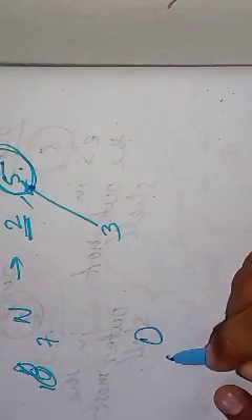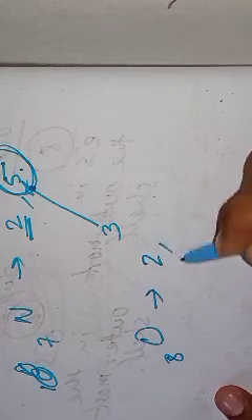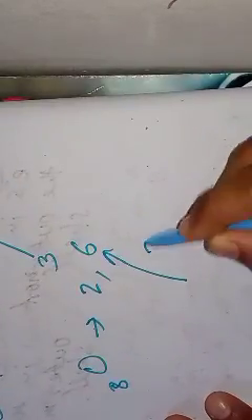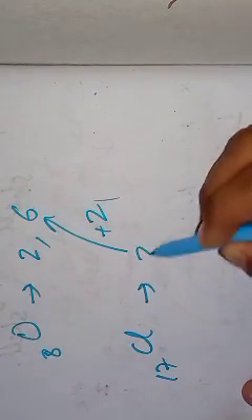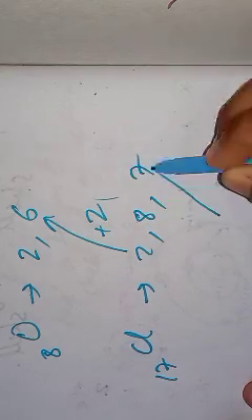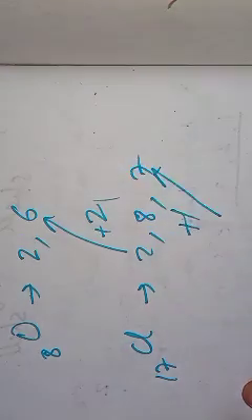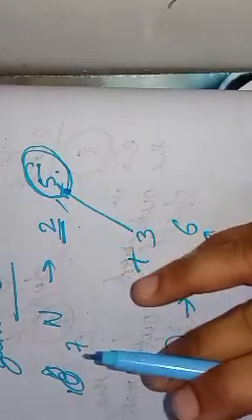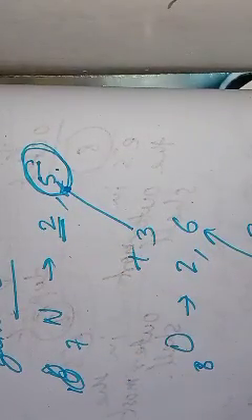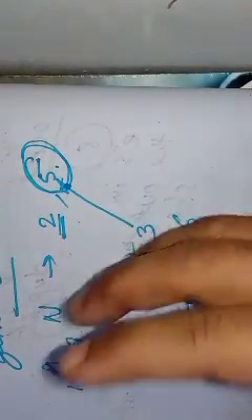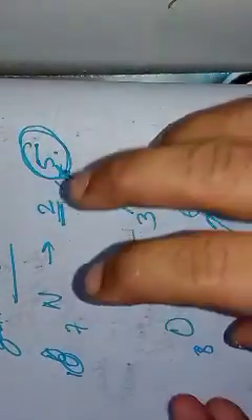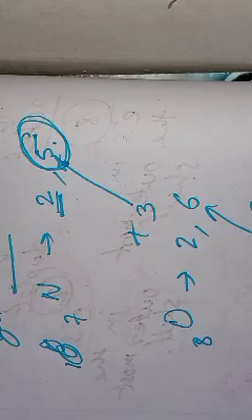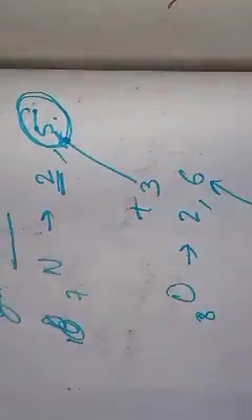Similarly, the electronic configuration of oxygen is 2, 6, so it will gain 2 electrons to become octet. Similarly, the electronic configuration of chlorine is 2, 8, 7, it will gain 1 electron to become octet. So the main concern is to achieve the noble gas electronic configuration, the closest noble gas electronic configuration, that is either a duplet or an octet.